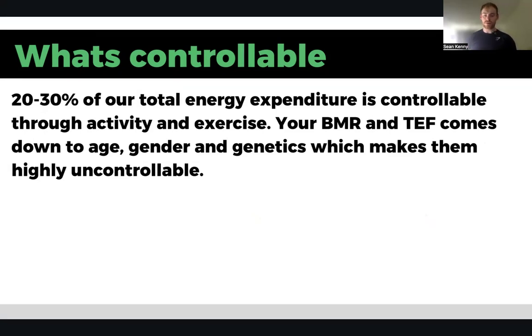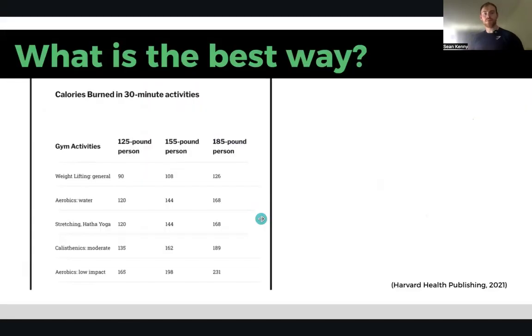But we can control 20 to 30%. So, what is the best way to burn calories? How can we make the most of that 20, 30%? And in some studies, we can go up to 50% because the more you work, the more that you'll be burning, right? So what is the best way?